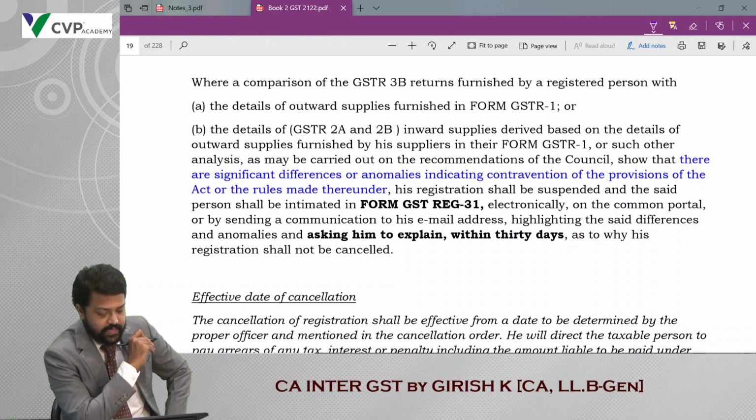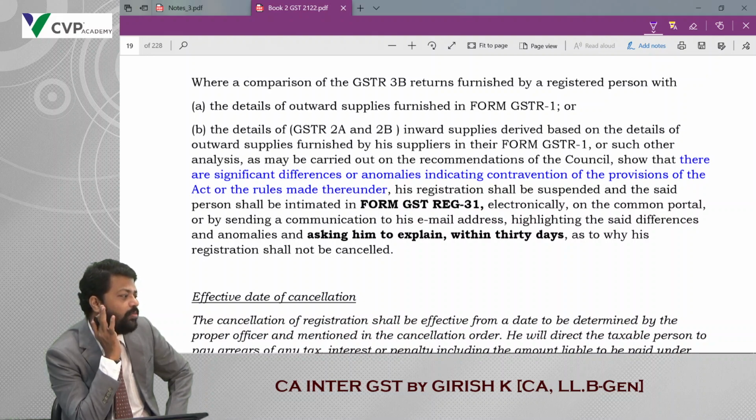The said person shall be intimated in form REG 31 electronically on the common portal or by sending a communication on his email address, highlighting the said differences and anomalies and asking him to explain within 30 days why his registration shall not be cancelled.